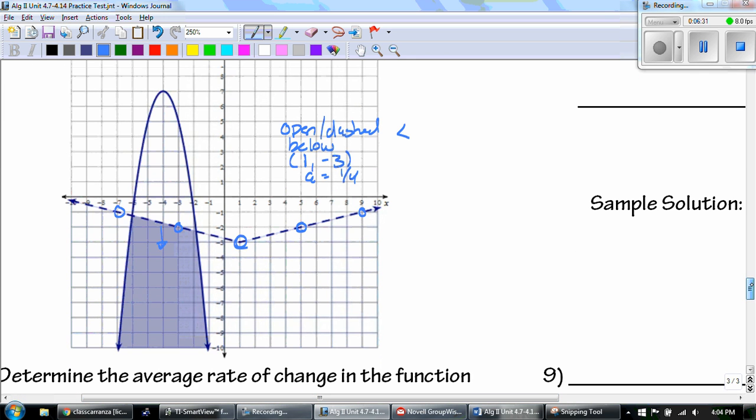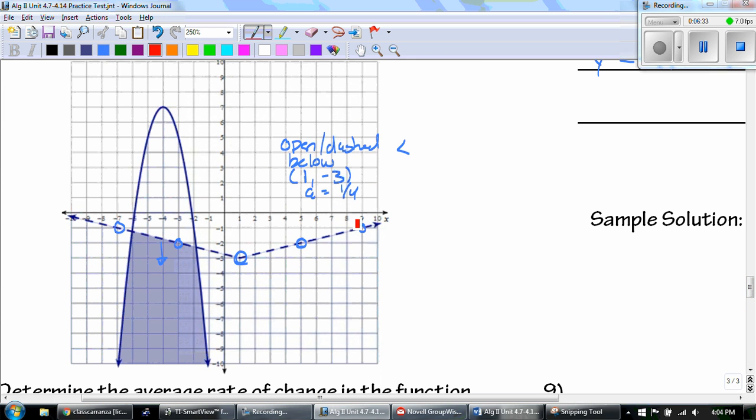Now let's look at the quadratic. The quadratic is closed and solid. And for the quadratic, we also shaded below. So that is a less than or equal to.